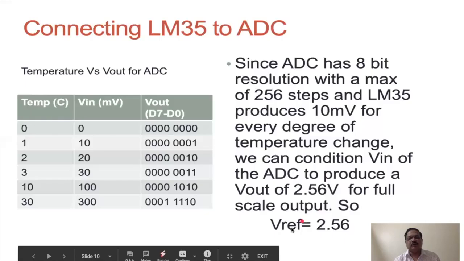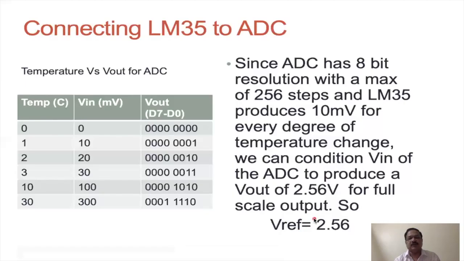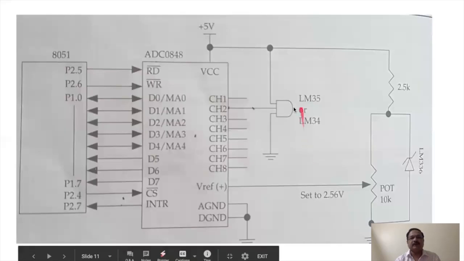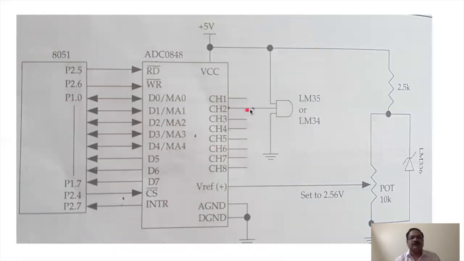So the V reference that is used is 2.56 in our interfacing circuit. Here is the use of the LM34 or LM35 temperature sensor. You can see here it is connected to channel 2. The rest of the circuitry is the same as what we discussed.